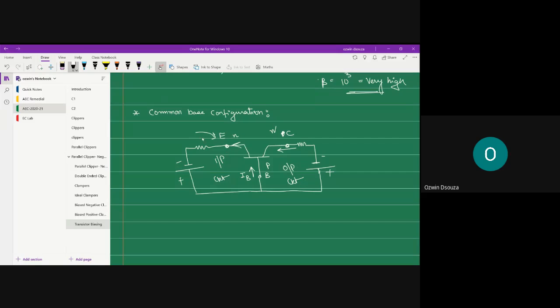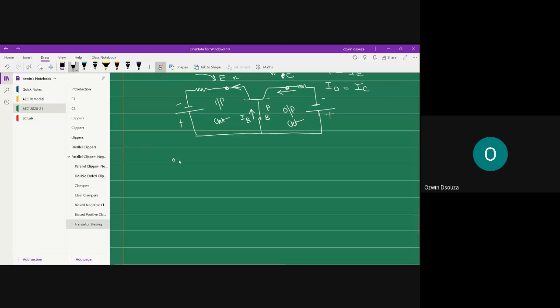Now, in case of input circuit, the input current is going to be the emitter current, and the output current is going to be the collector current.